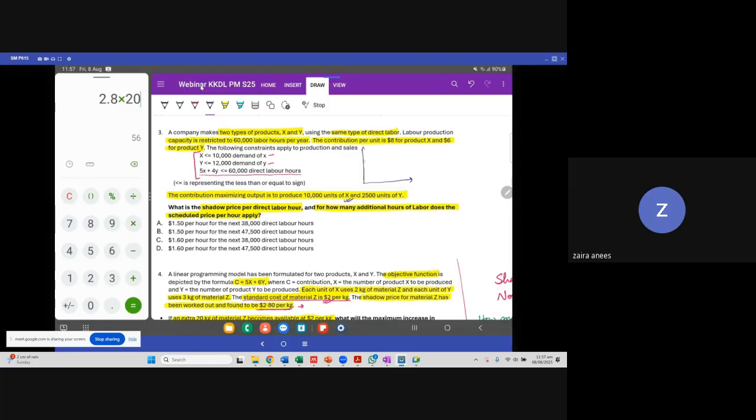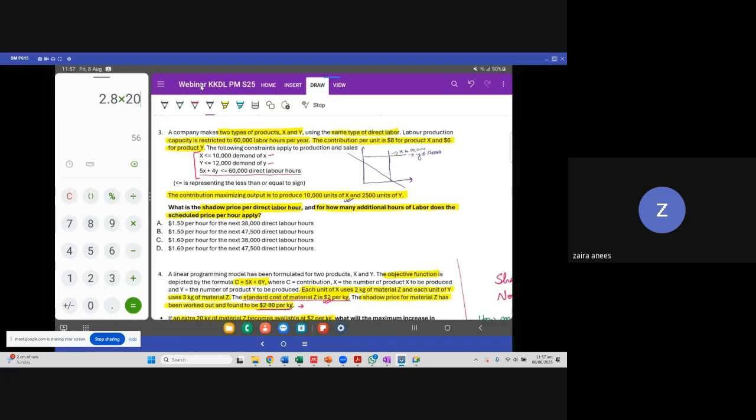Let me try to identify how this graph might have been prepared. X is 10,000, so this line will be like this. Y is 12,000, so this line could have been like this. And then there is a labor equation, probably something like this.